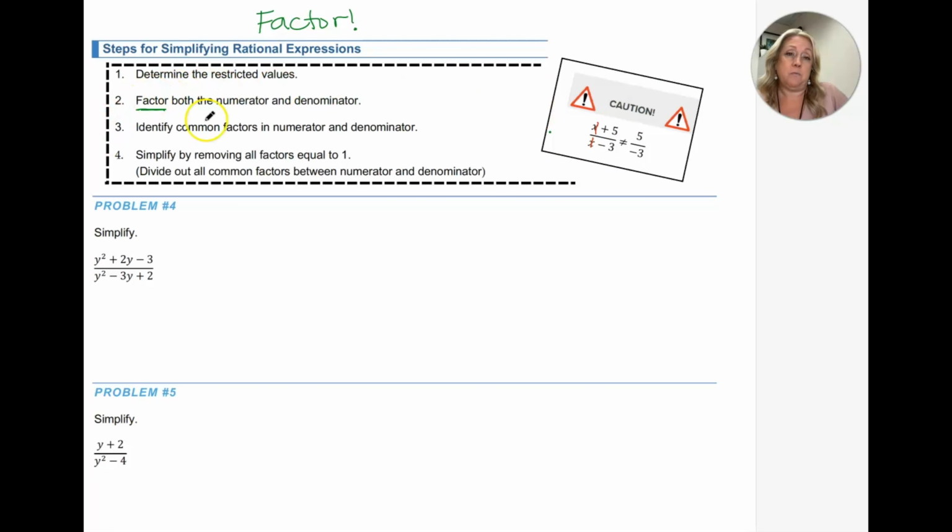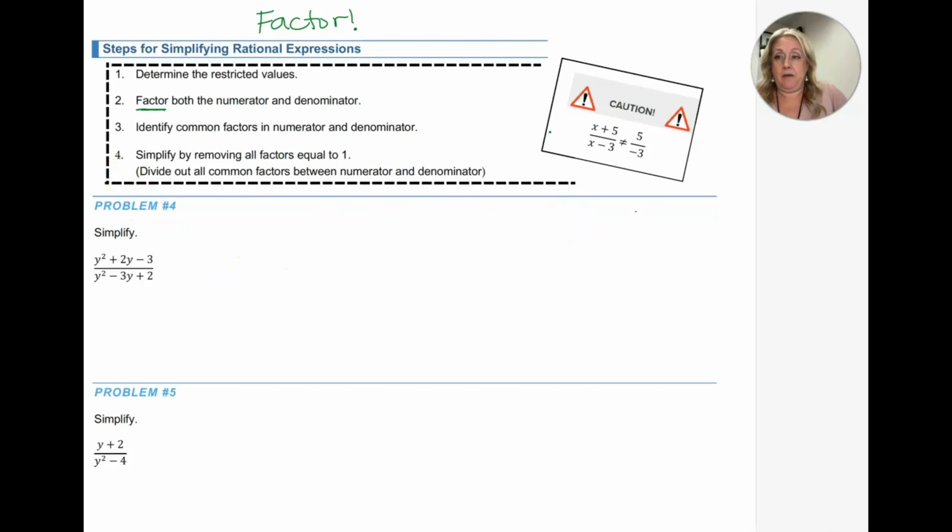The only reason we could is if they were connected by multiplication, then yes, those x's would divide out because x divided by x is 1. But that's not the same thing that this is saying here, so be really careful on that. The whole factor needs to be divided out.